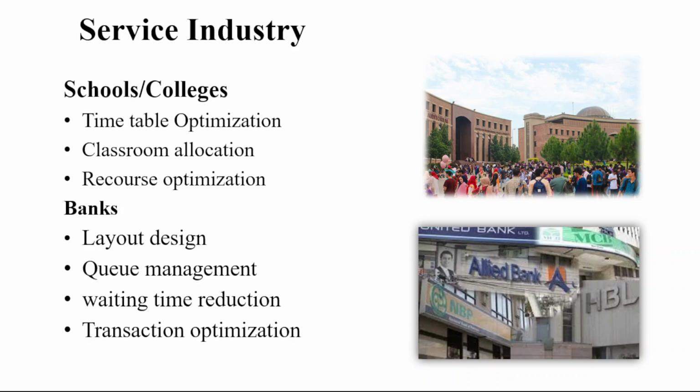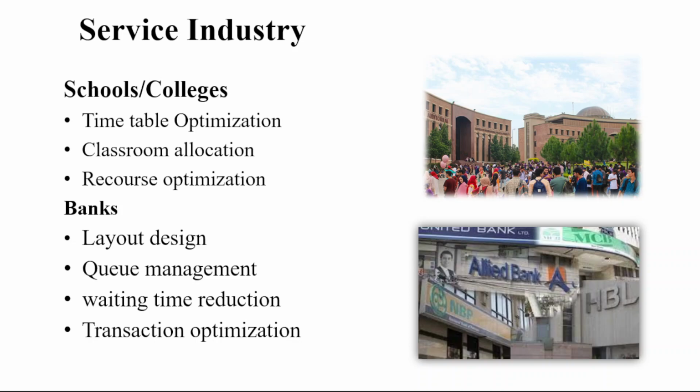Schools and colleges are other examples of the service industry where we can apply operations research, especially universities. Creating a timetable for a university is one of the challenges for a program department, because they have to manage the classrooms, assign subjects to the teachers, and assign the teachers to different rooms.